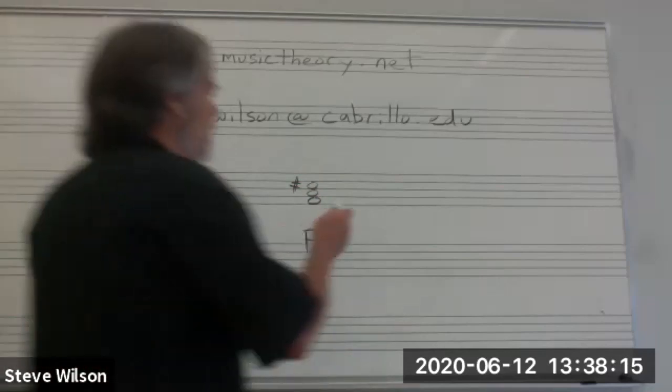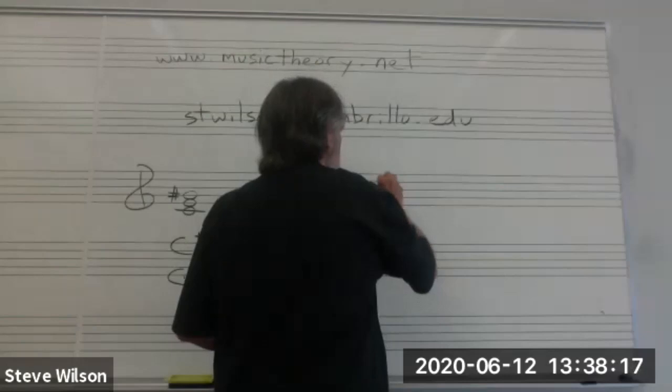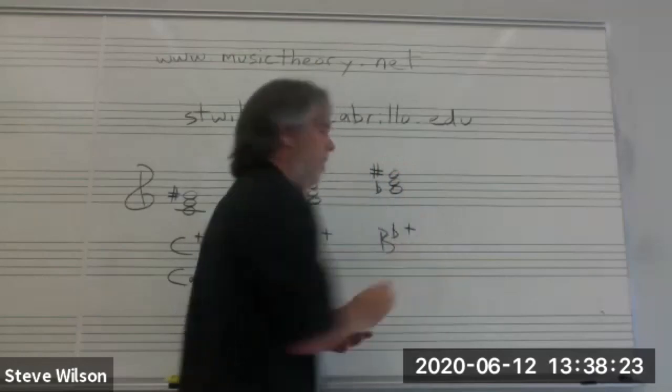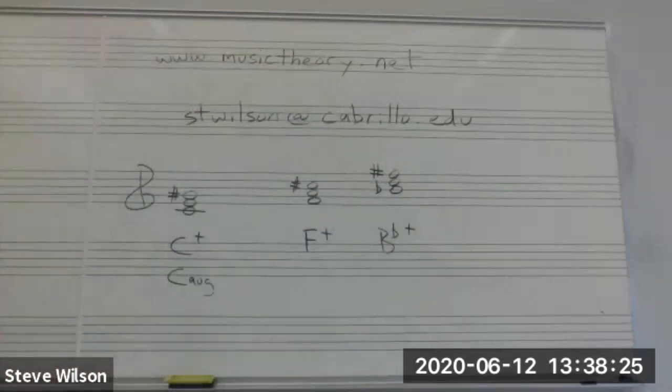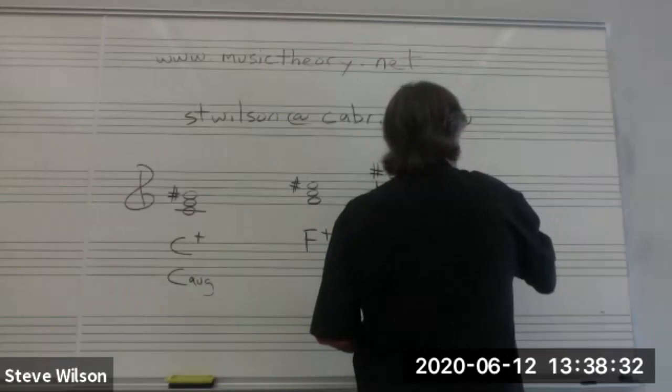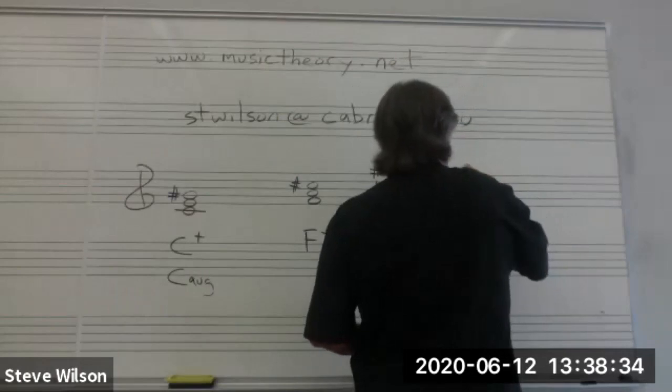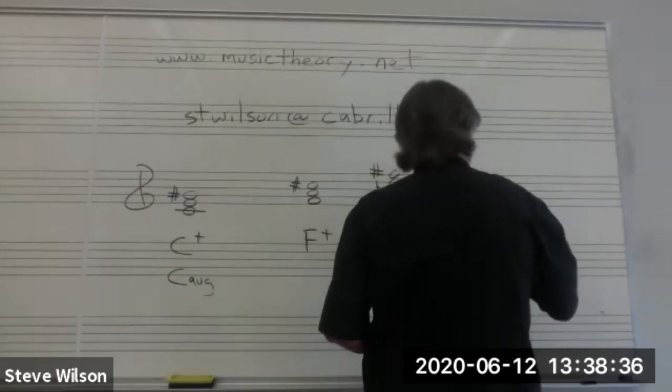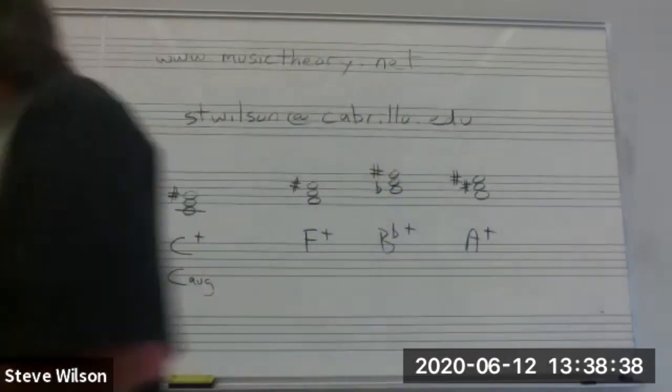B flat augmented triad: B flat, D, F sharp. And the A augmented triad sounds like this.